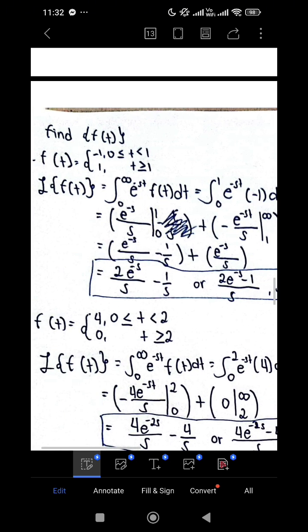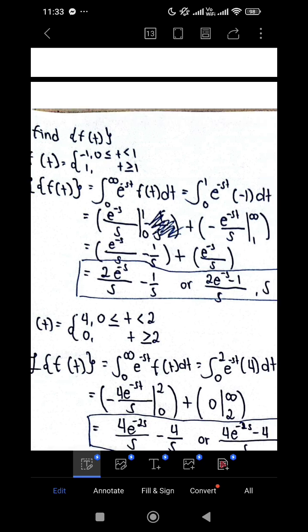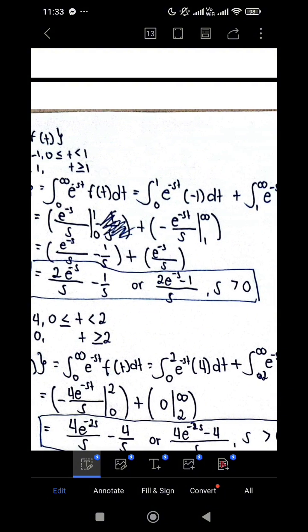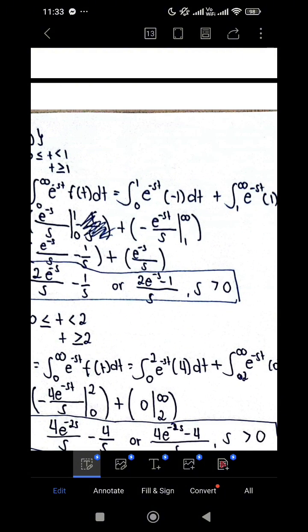Then we integrate, so we will get e raised to negative st over s with limits 0 to 1, plus negative e raised to negative st over s with limits 1 to infinity.